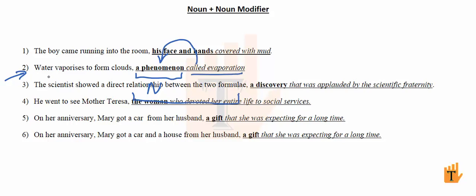Here it is not modifying any particular noun, rather it is modifying the entire clause, because this entire thing, water vaporizes to form clouds, is a phenomenon. So this entire phrase, noun plus noun modifier, is modifying the entire clause.